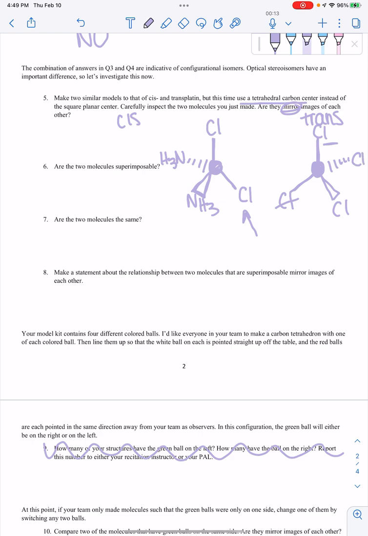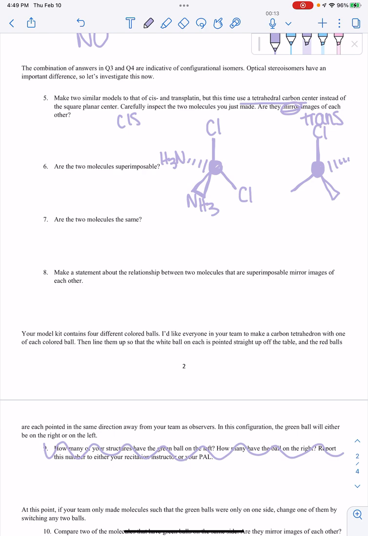And even if we put it all the way in the back, it's still going to be adjacent to this chlorine on the top. So there's actually no way for us to draw this trans isomer in a way that would be different from the cis isomer.